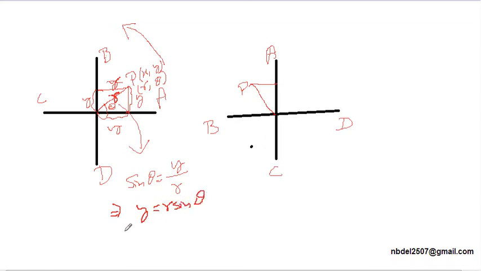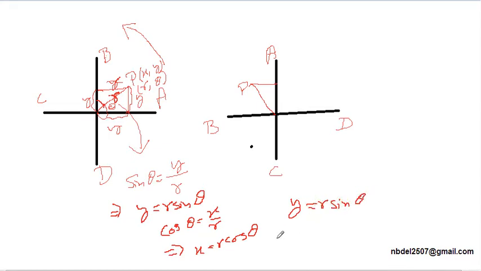On the other hand, I can take this right angle triangle. Similarly, this will turn to cos, because 90 minus theta. So cos theta is equal to x by r. That leads to x is equal to r cos theta. So we have very clear equations: y is equal to r sin theta, and x is equal to r cos theta.